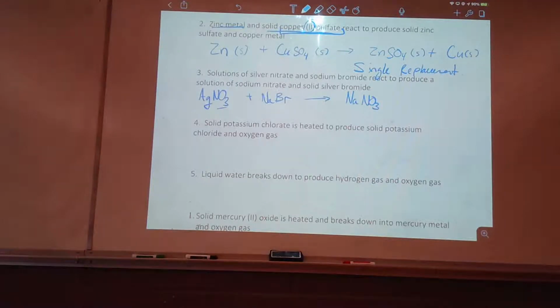Again, a +1 and a -1, so they're equally matched. And silver bromide is also a +1 and a -1, so they're also matched nicely. The good thing about dealing with elements that have the same ionic charge is that you can just throw them up there and they're balanced.